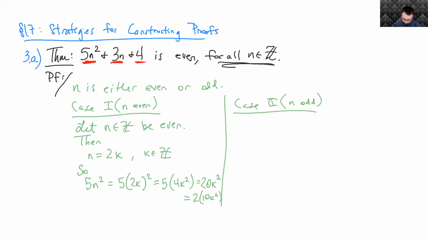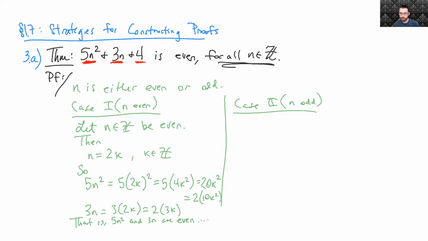Okay. Similarly, 3 times n is 3 times 2k, which is 2 times 3k. That's also 2 times some integer. And so I could say that 5n squared and 3n are even.